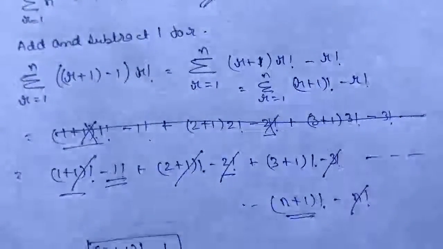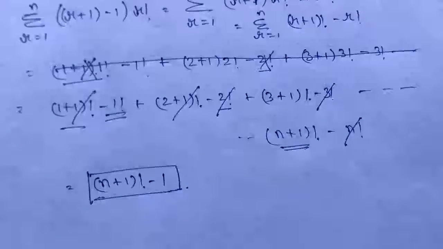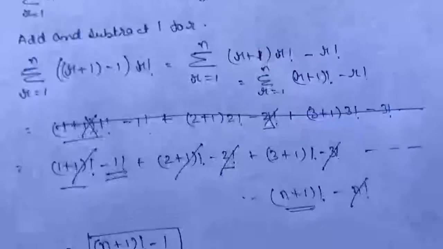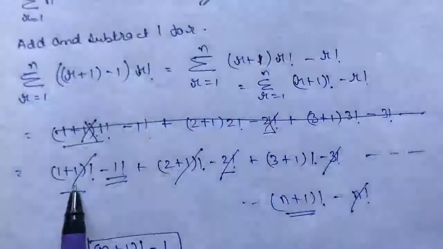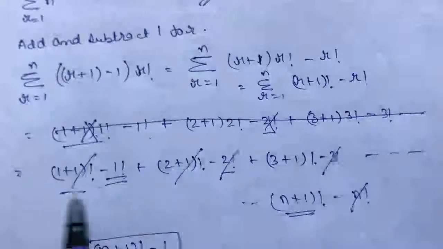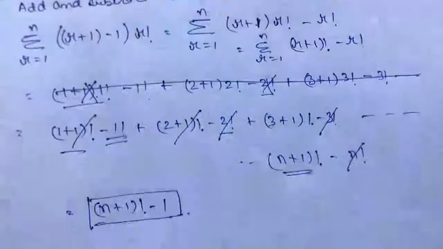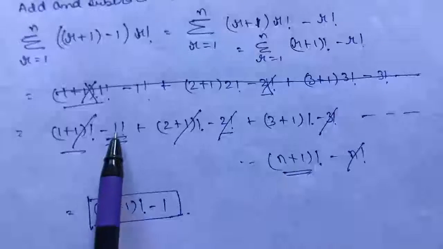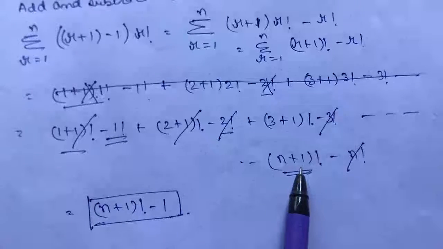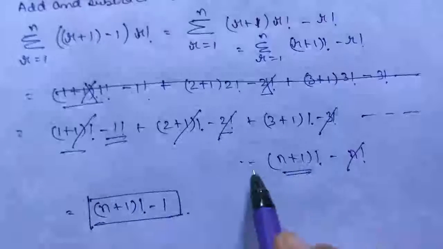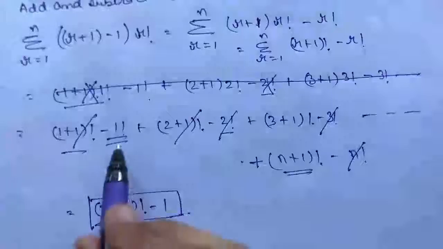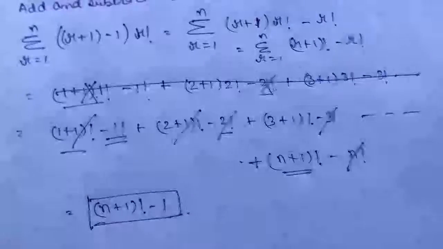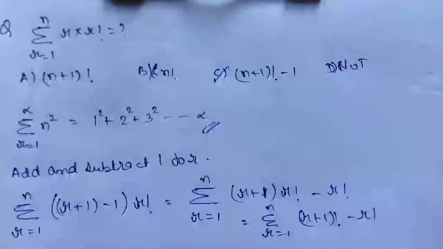So you can see by writing a few more terms how they are going to cancel out, and our result is automatically going to be (n plus 1) factorial minus 1. That will be our answer. Means option C will be the correct answer.